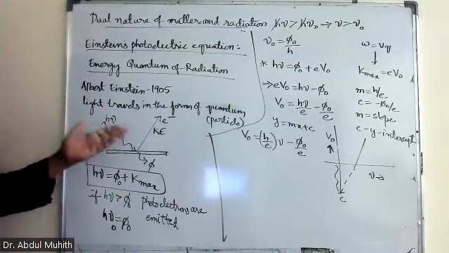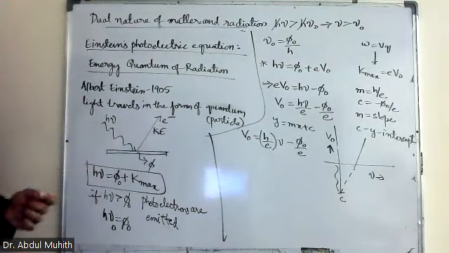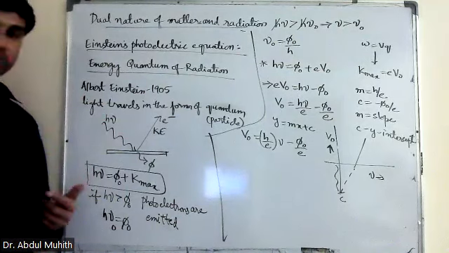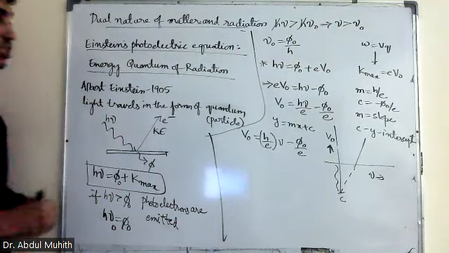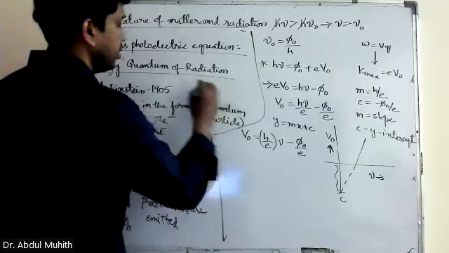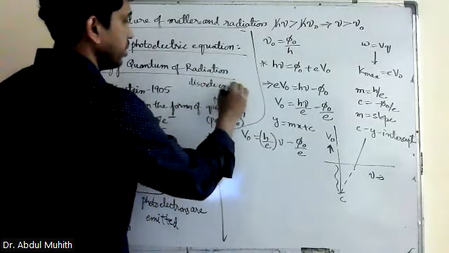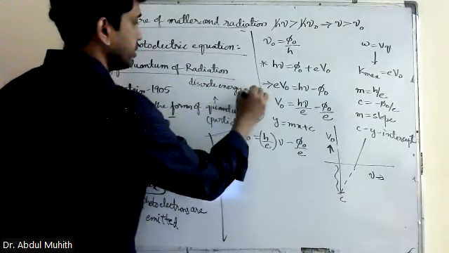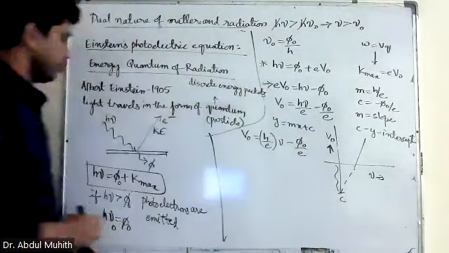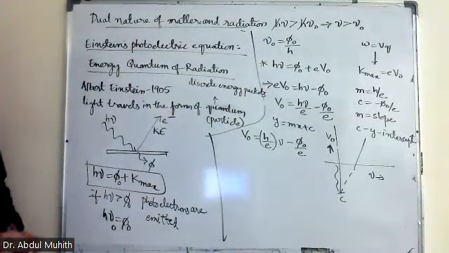He says that light travels in the form of particles. That is called quantum, later on named photons. Quantum is discrete energy packets. When I say quantum, it is discrete energy packets. So now, what happens when light is incident on a surface?